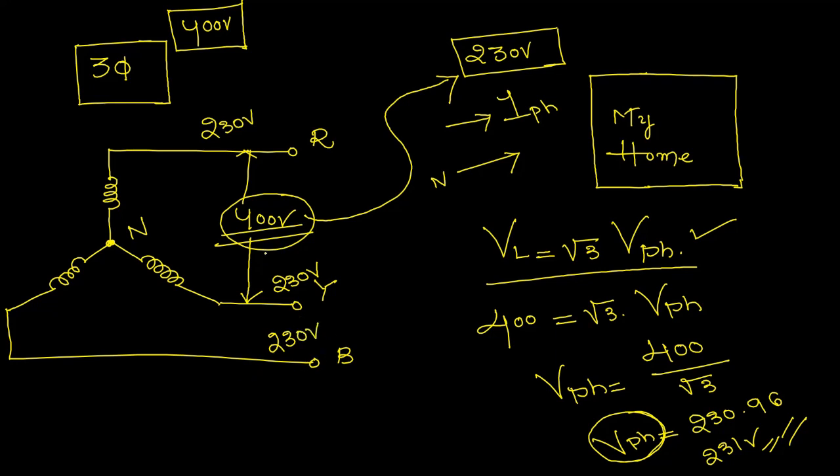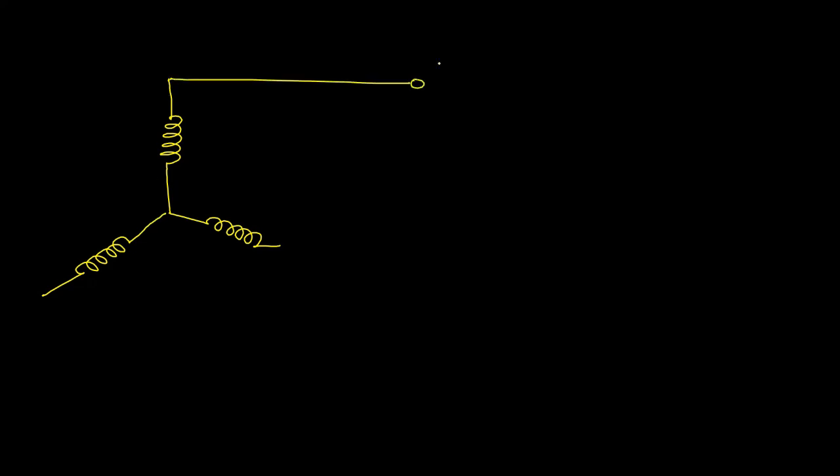That is the reason why, if you want to convert from 3-phase to single phase, you can directly take one phase and one neutral. Whenever we convert from 3-phase voltage to single phase voltage, we need to consider only one phase. For example, this is the R phase, so you consider the R phase line and take one wire from the neutral point.